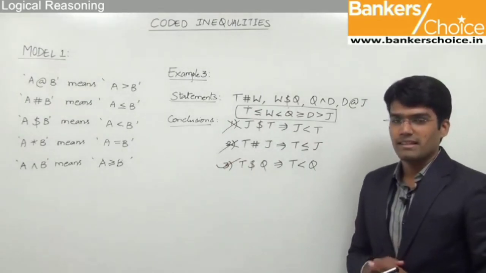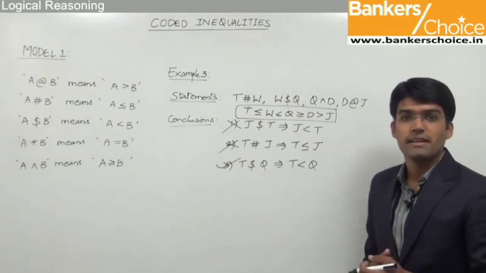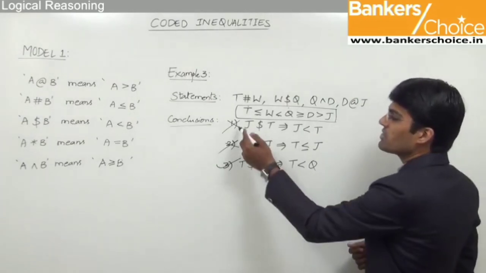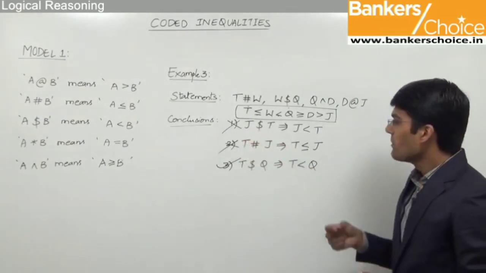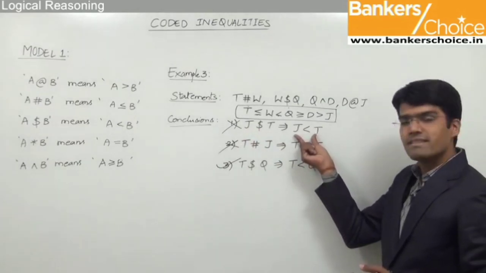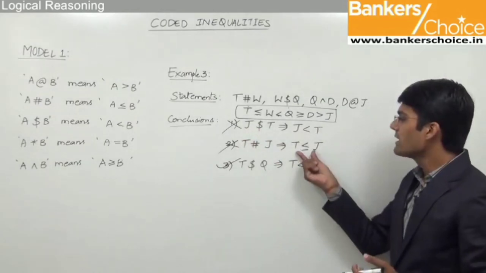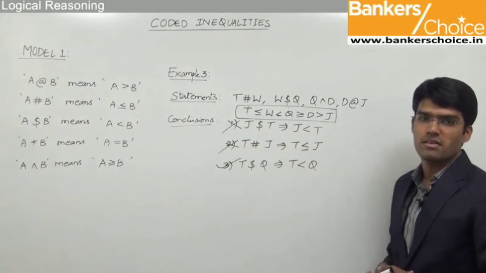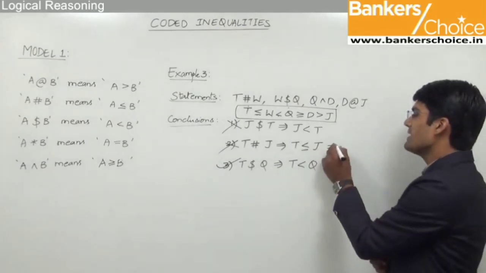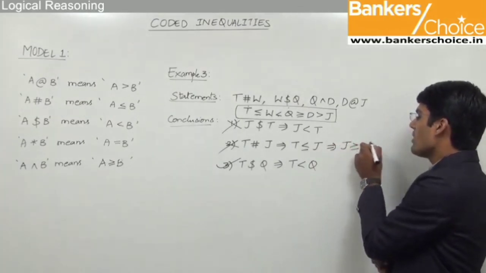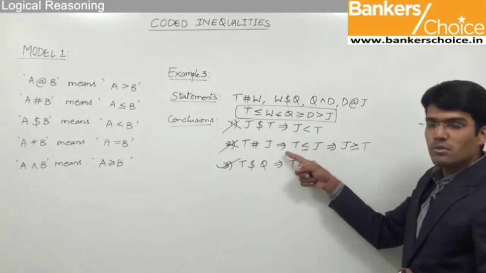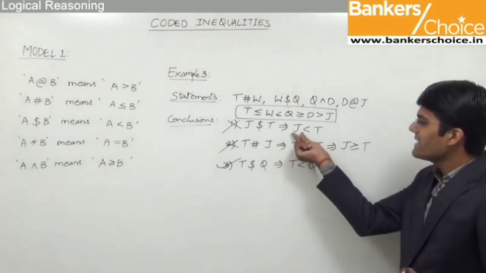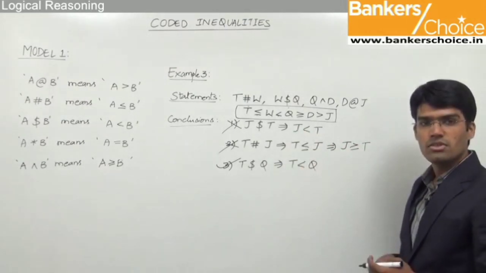But friends, there is one important point which is to be noted here. If you observe conclusion numbers 1 and 2, independently they are false. But then conclusion number 1 says J less than T, and conclusion number 2 says T less than or equal to J, which is nothing but J greater than or equal to T. So if you now try to combine conclusion number 1 and 2, we find that J is less than T in conclusion 1.